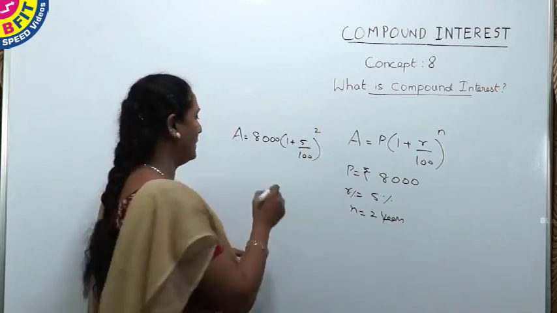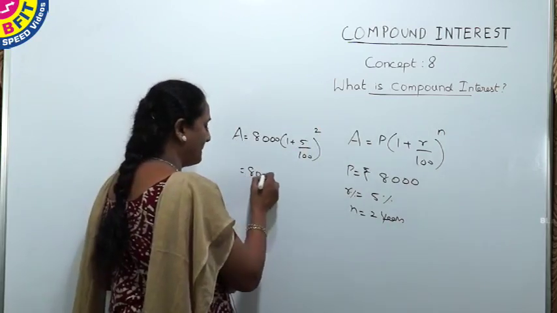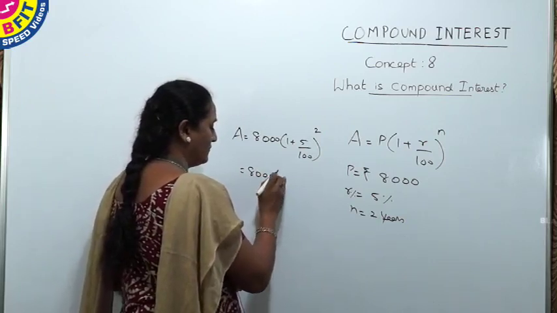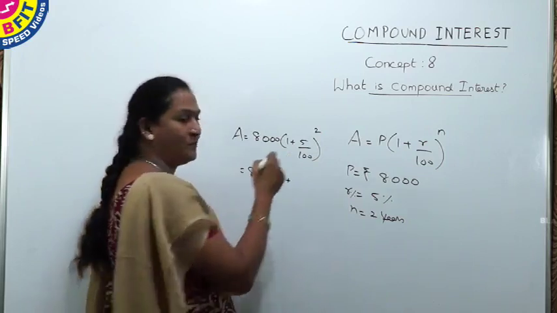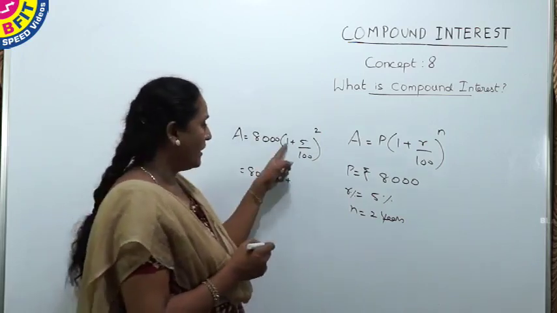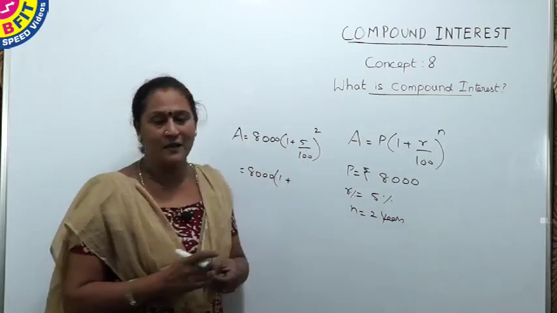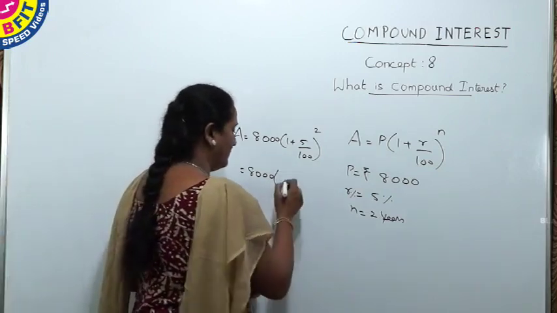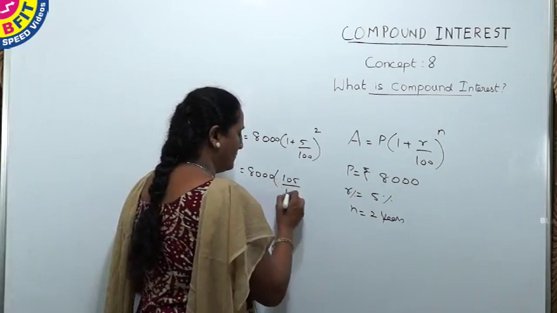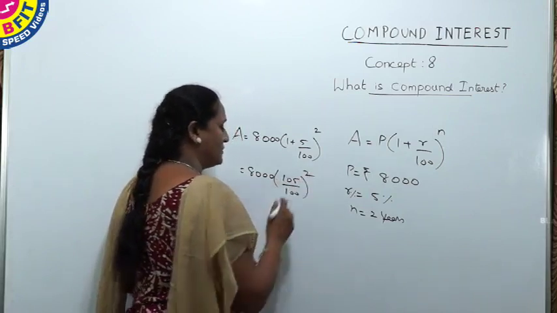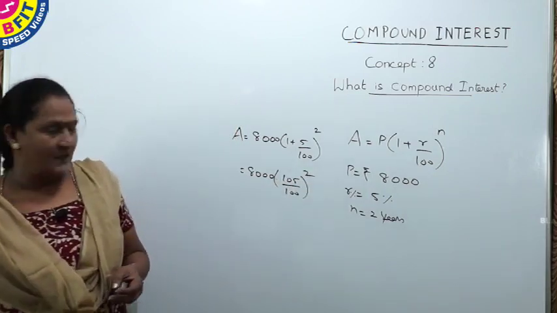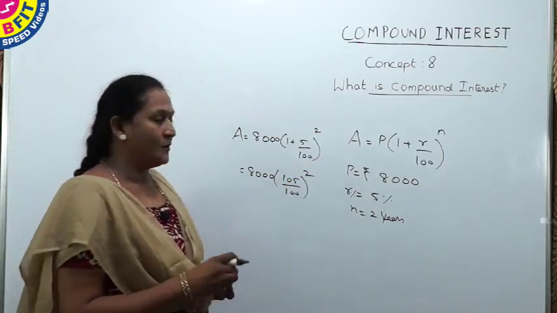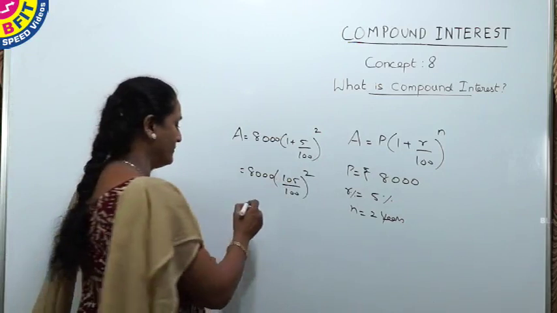And now to calculate this, it is 1 plus 5 by 100, or 100 plus 5, 105 by 100, the whole square. And now after calculating this, we get the amount got by Anita after 2 years.